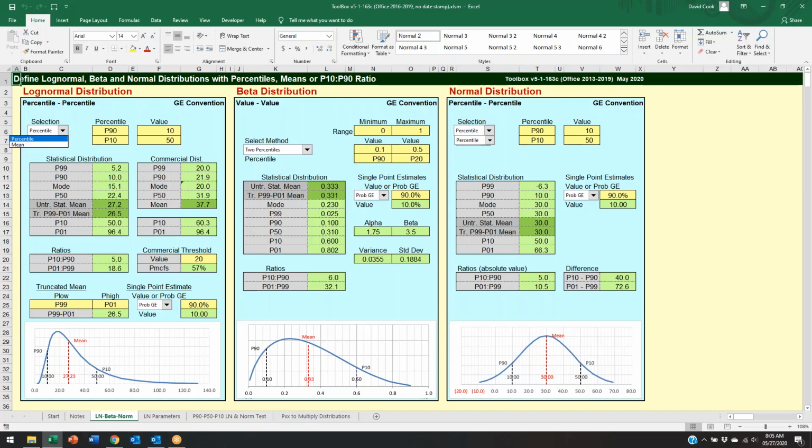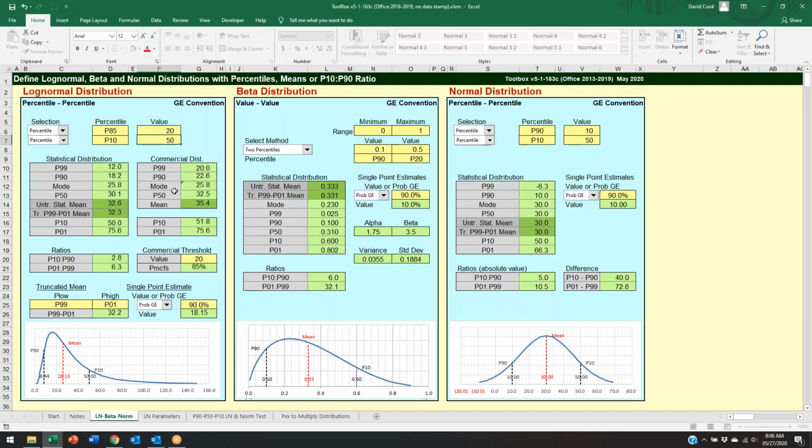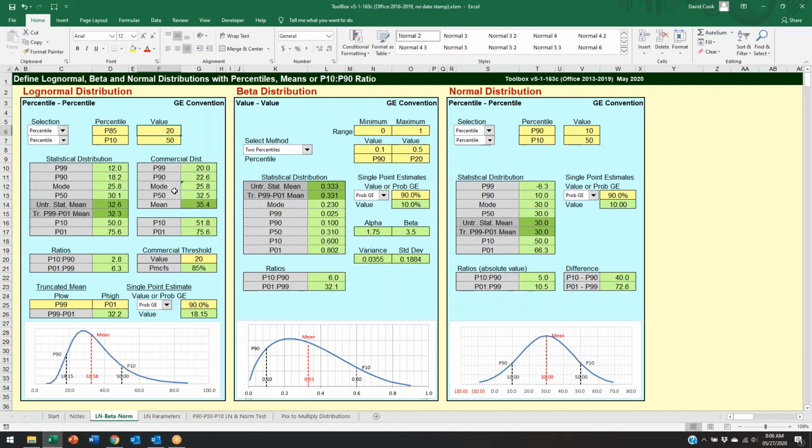So, for instance, you could select to input on row 6 either the percentile or the mean, and you can put in any value that you wanted in here. So just type in an 85, for example, and that allows you to put in the P85 value associated with that. And of course, you can go in and modify the inputs as appropriate.